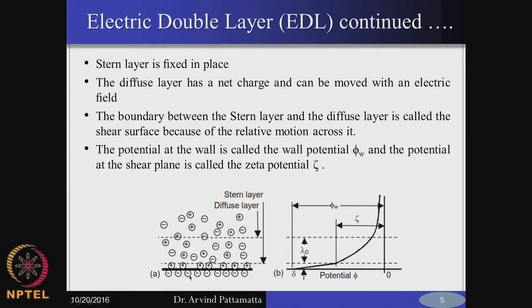And the corresponding value of the excess potential from the Stern layer value to the bulk value is called the zeta potential. The higher the zeta potential, the more is the electrokinetic capability of this particular fluid and solid object combination.